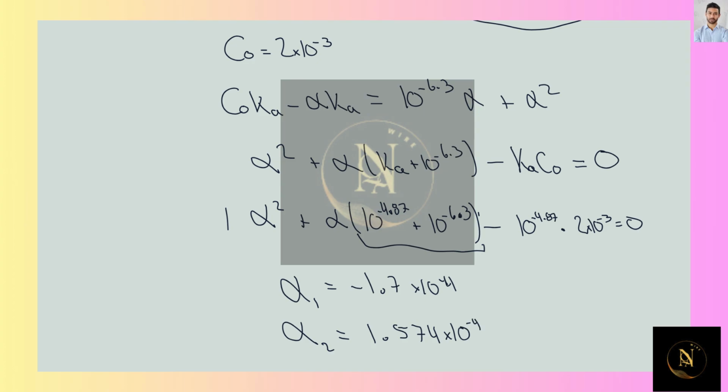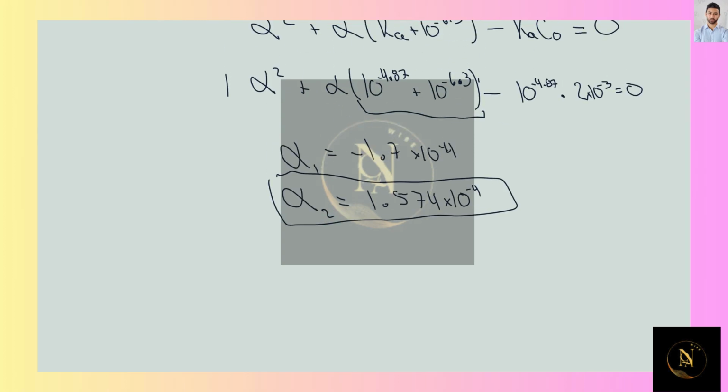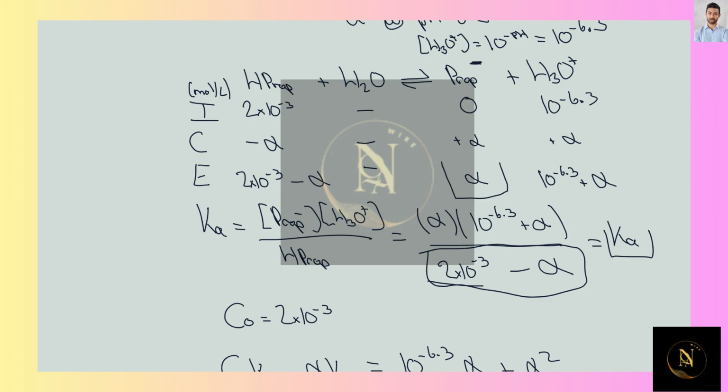Well, the positive value, so this is going to be our value for alpha. Now, in order to calculate the dissociated version, the one that is ionized, the percent ionized is equal to alpha divided by my initial concentration times 100, because this alpha that I calculated is equal to the ionized portion that I'm going to have in my molecule.